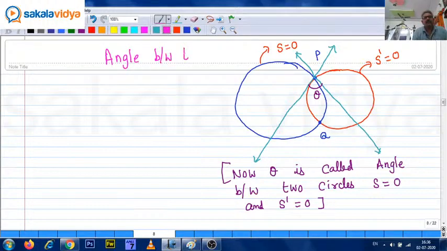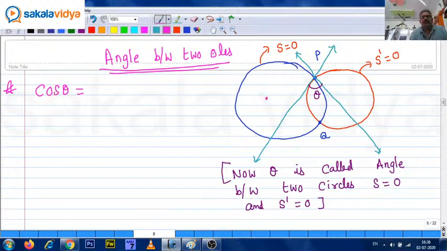Between two circles. So what is the formula? So let us think about the formula. Now the formula is given by, for example, cos theta is given by, for example, say this is C1 and C2.